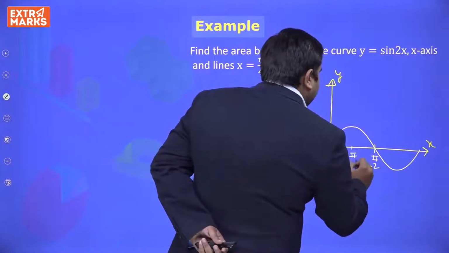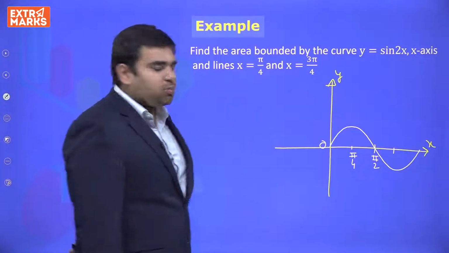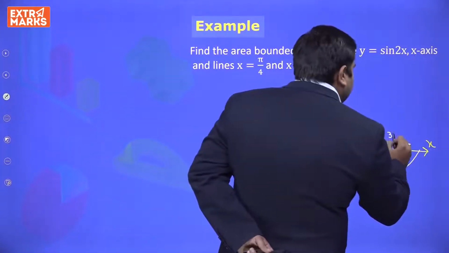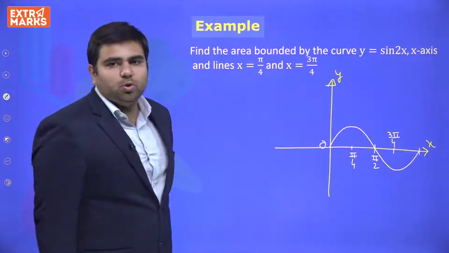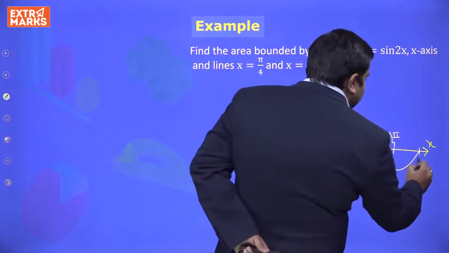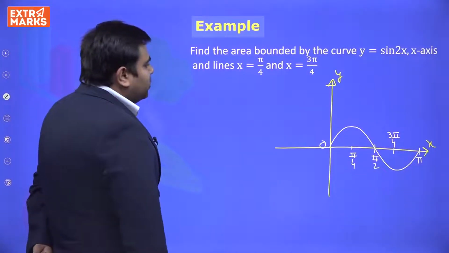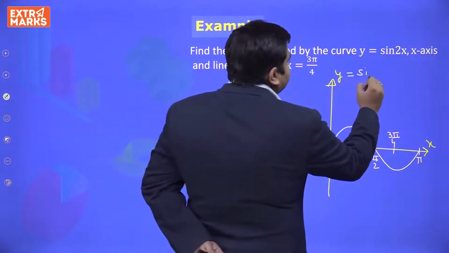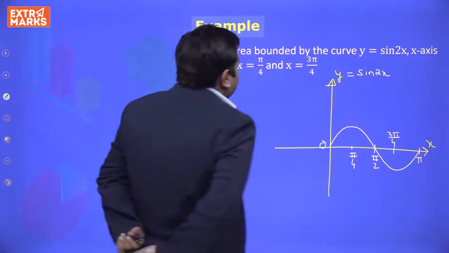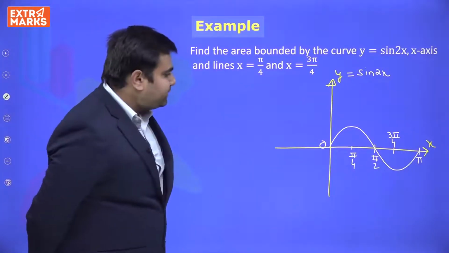This is pi by 4. This is 3 pi by 2. So this would be 3 pi by 4. And this is 2 pi. So this would be 2 pi by 2, and this is pi. Right? So we need to obtain the area bounded by y equal to sine 2x between x equal to pi by 4 and 3 pi by 4, right?